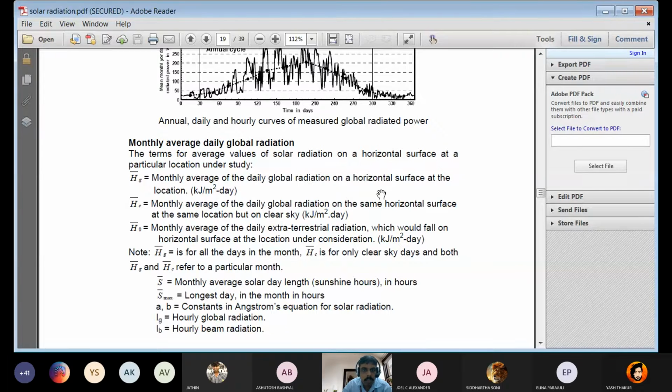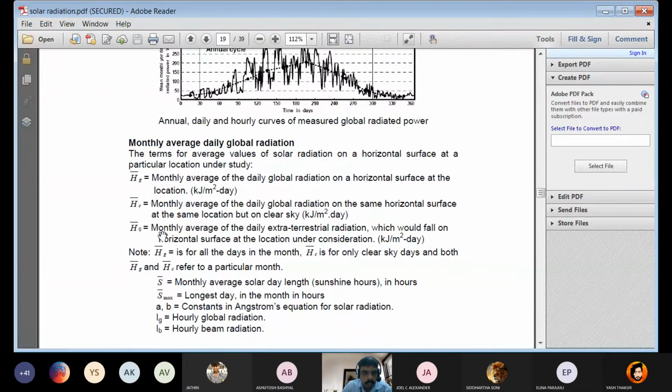Its unit is kilojoule per meter square day. Then H0 dash, the monthly average of the daily extraterrestrial radiation which would fall on the horizontal surface at the location under consideration. So Hg means global radiation, H0 means extraterrestrial radiation.